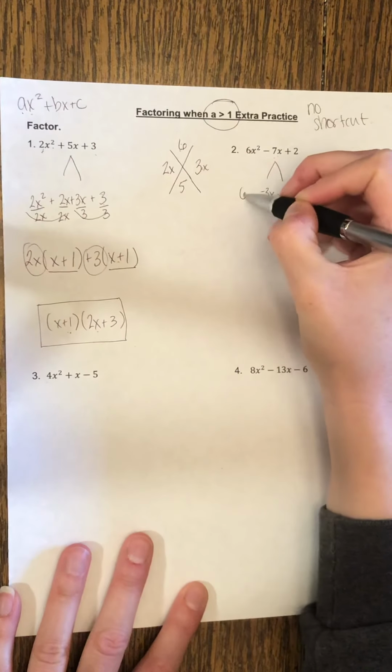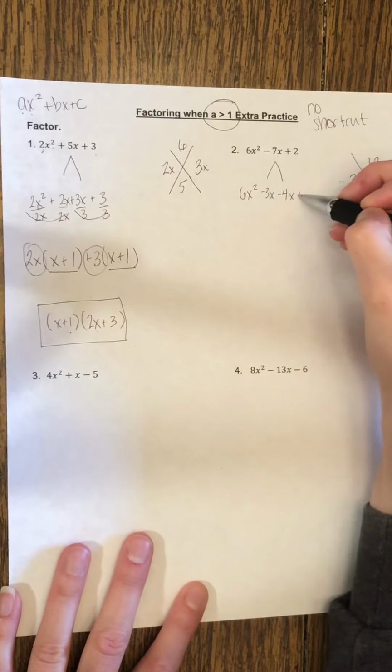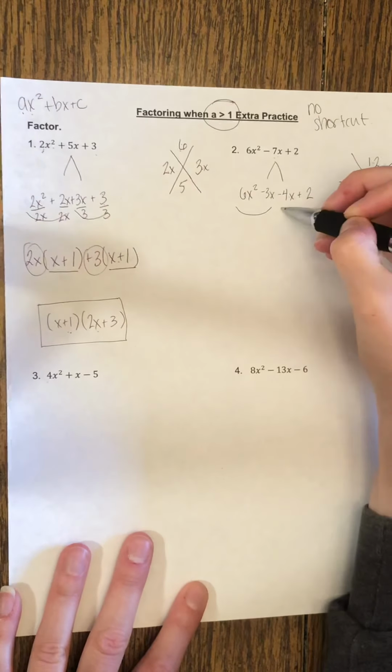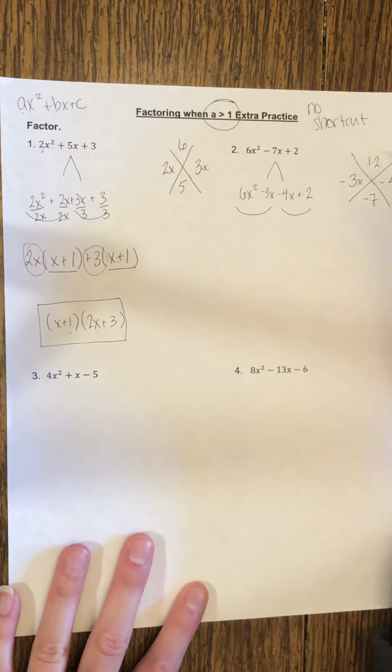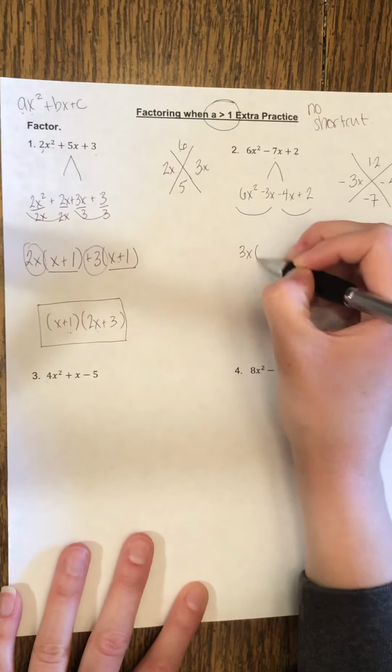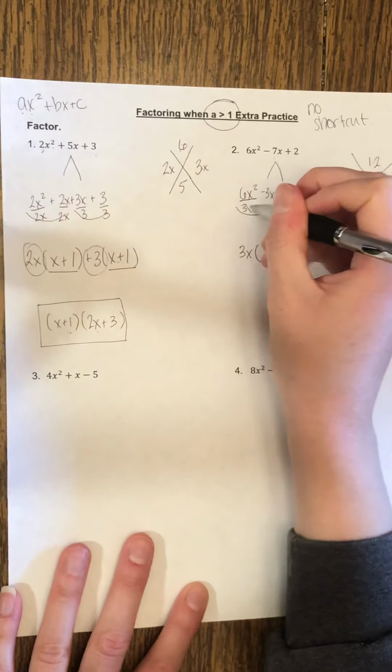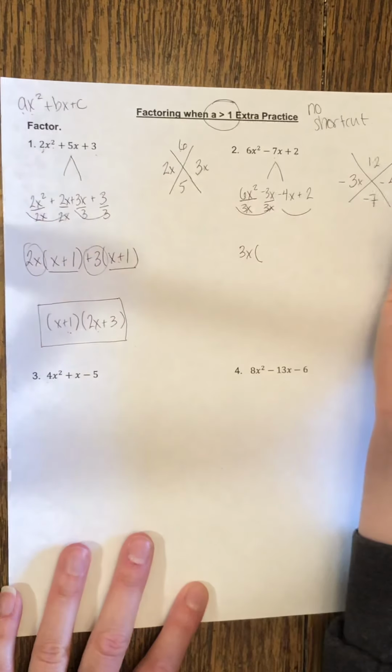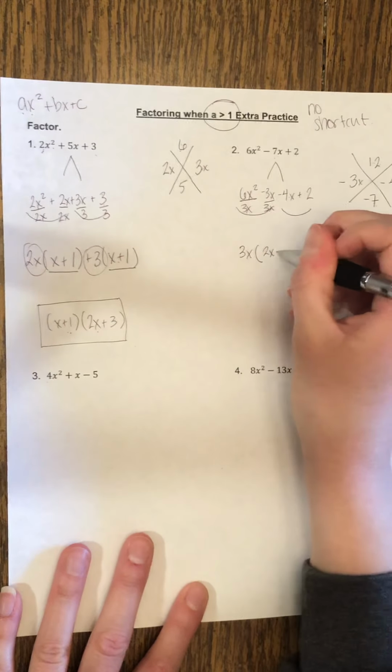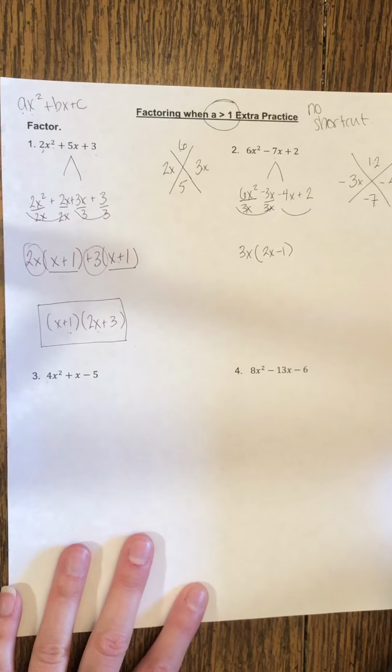I'm going to copy down the first term and copy down the last term, and I'm going to factor by grouping. So what's the GCF of the first group? That would be a 3x. I'm going to divide out the 3x, so I would get 2x minus 1. What's the GCF of the second group?